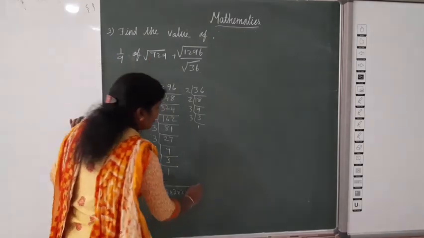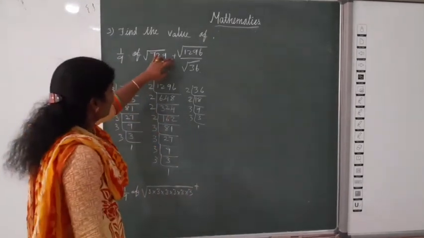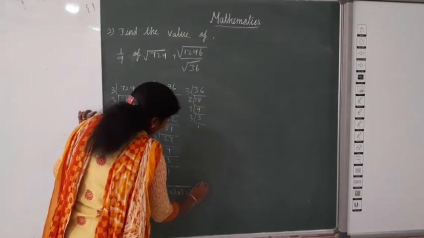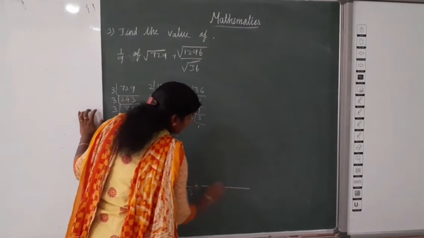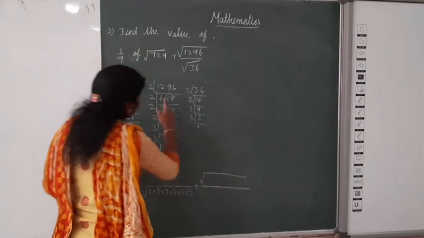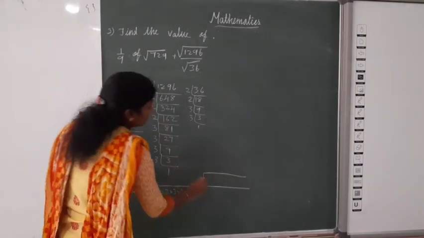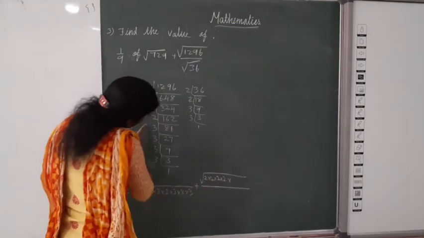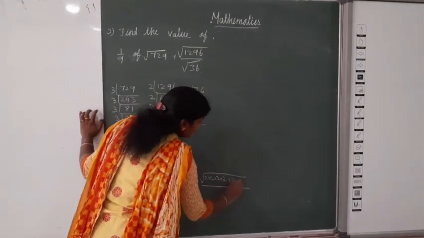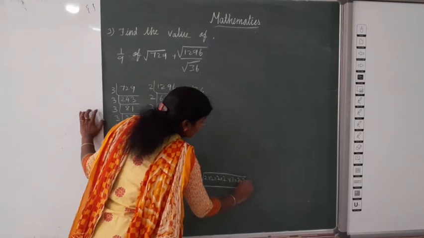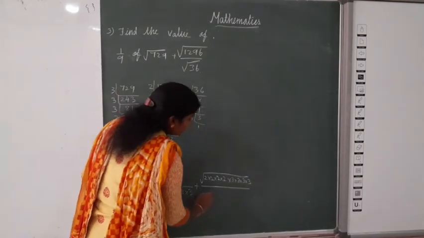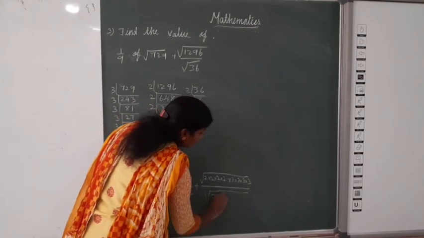Then plus square root of 1296, isn't it? What are the prime factors? 1, 2, 3, 4 times 2: 2 into 2 into 2 into 2. Then 3 also 4 times: 3 into 3 into 3 into 3, by 36, 2 times 2, 3 also 2 times.